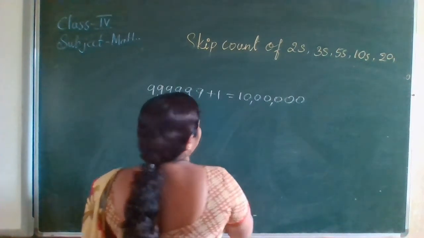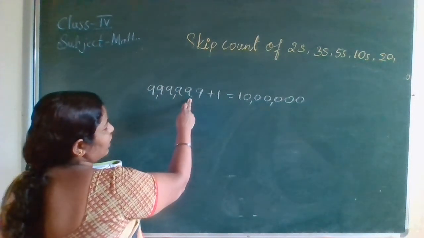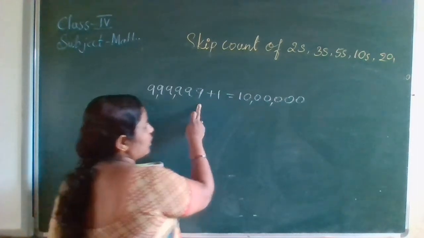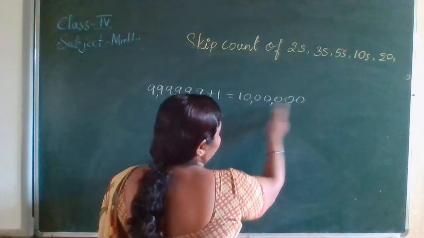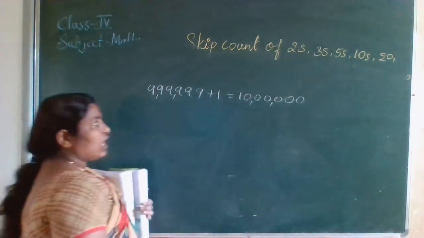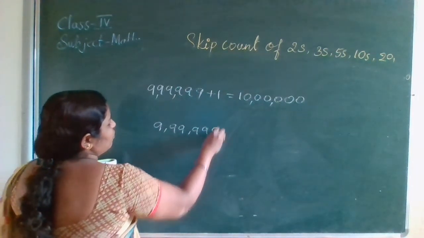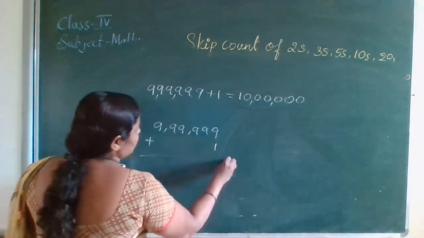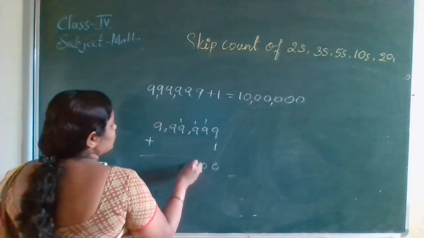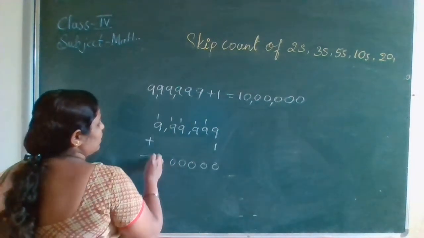This will become 10 lakh. 9 plus 1 is 10, again 9 plus 1 is 10, and so on.